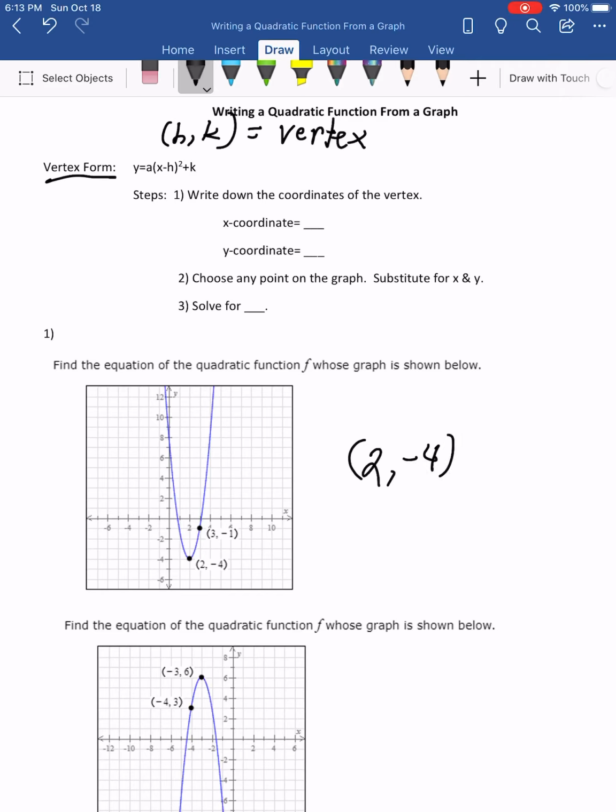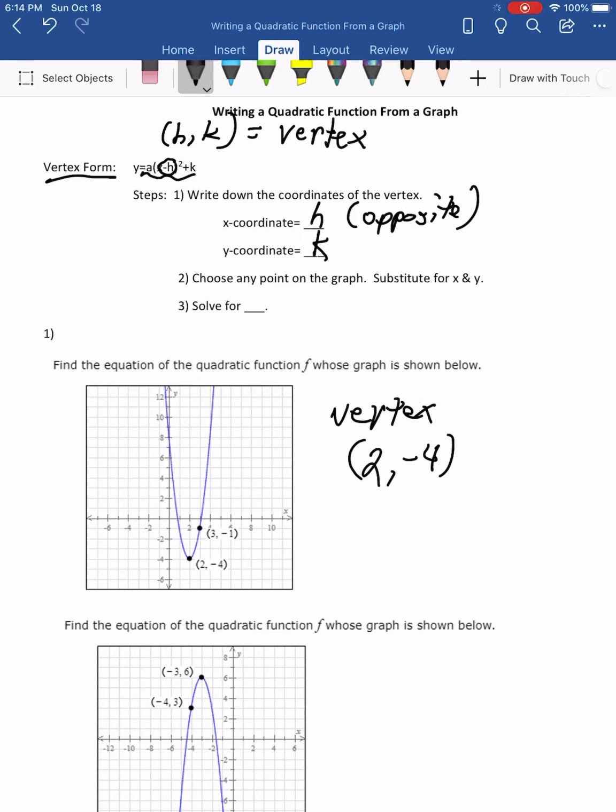So remember, in this vertex form, the x coordinate is h and the y coordinate is k, but the h coordinate is subtracted. So you have to remember to use the opposite. Okay? So the vertex here is 2, negative 4.